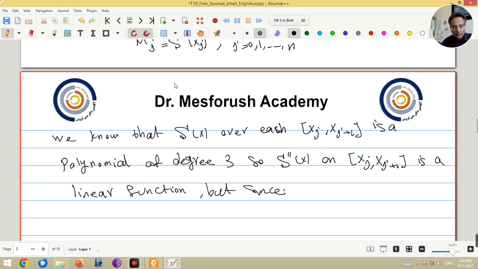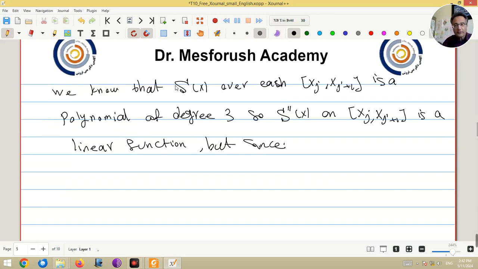So I can rewrite it here: s double prime at xj equals mj, and if you compute s double prime xj plus 1, in fact we can put it equal to mj plus 1, right? We can consider it like this.